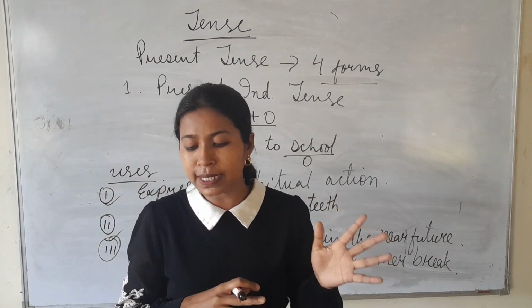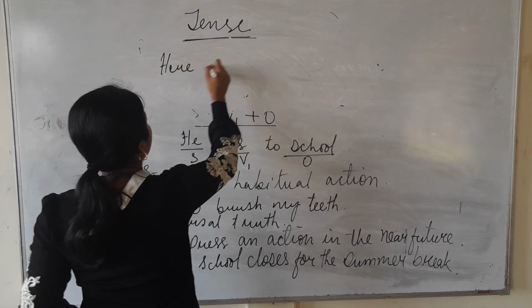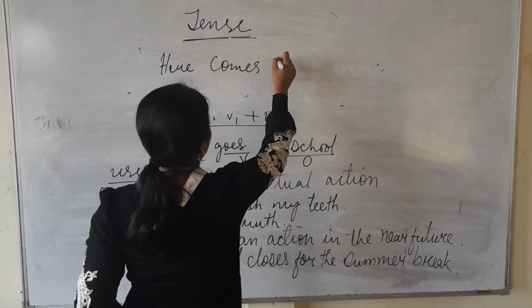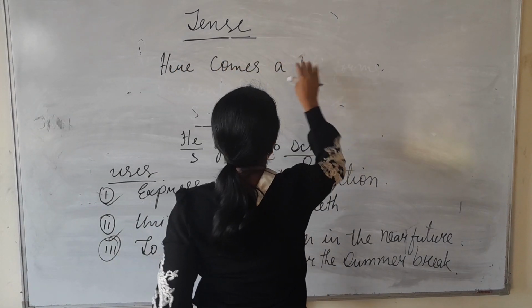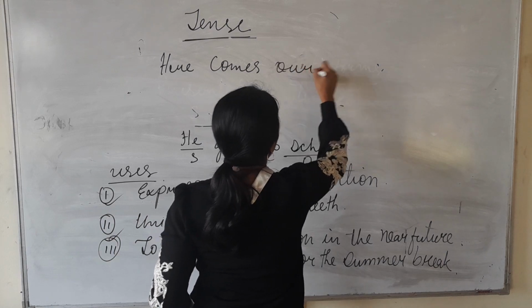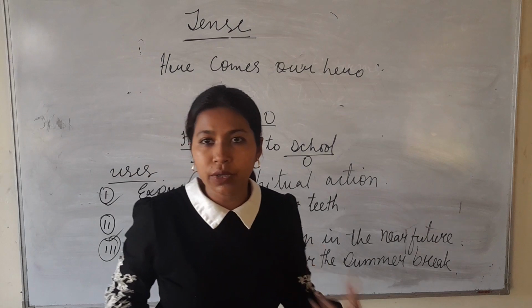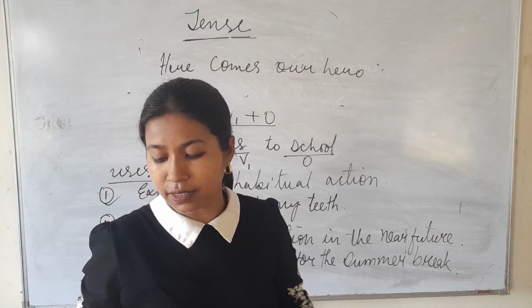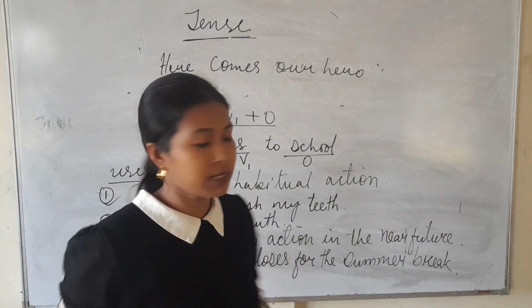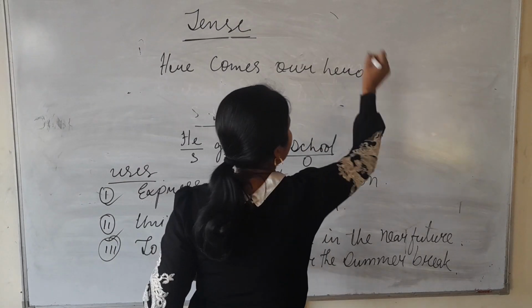For example, we say, here comes a hero, or here comes our hero. What do you think this kind of sentence is? I hope everyone understands this is an exclamatory sentence.